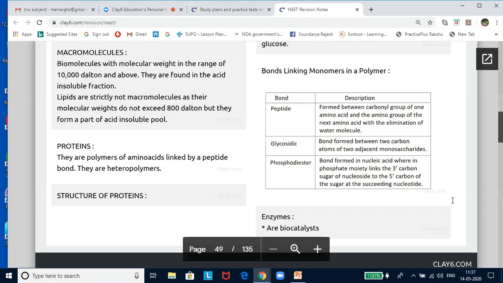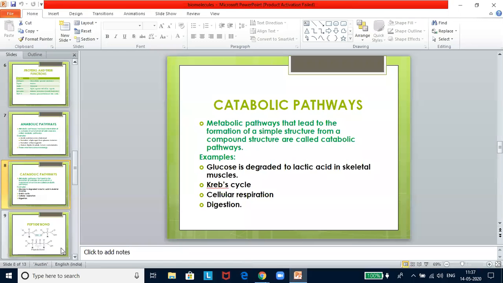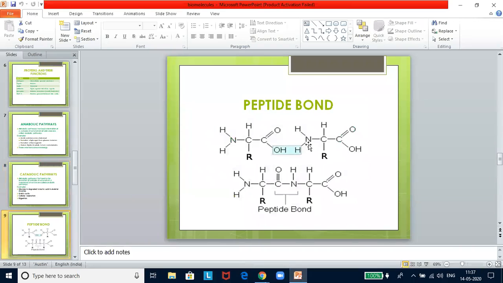Now glycosidic bond. You can see this is how the formation of a peptide bond occurs. From the amino group you will find the removal of hydrogen. From the carboxyl group, the OH group is removed. So H2O is lost, and this results in the formation of a peptide bond linking two adjacent amino acids.